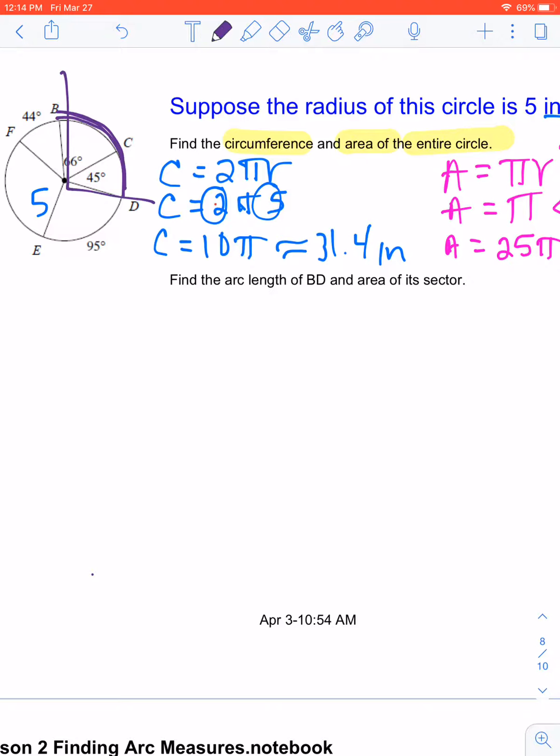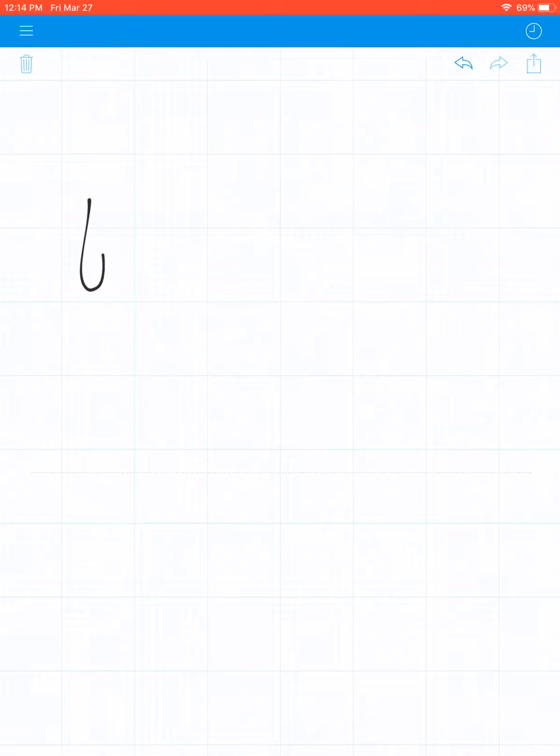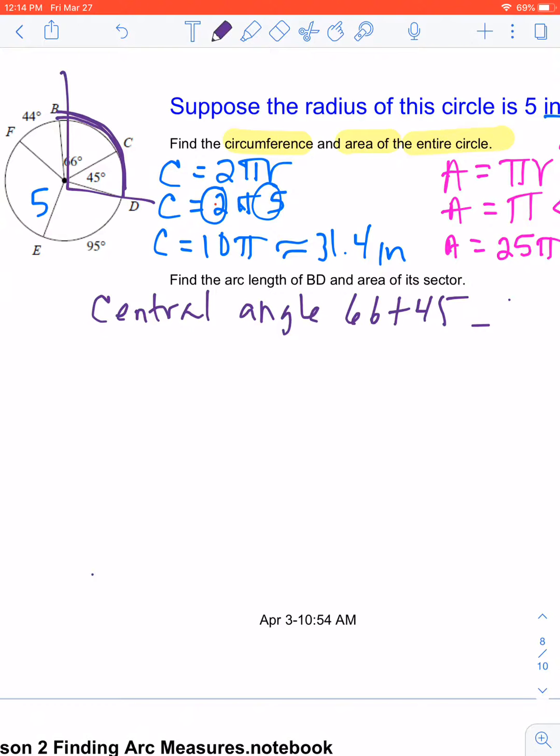We have to first compute the central angle. We can compute the central angle by using angle addition. 66 plus 45 gives us 111. So the total central angle is 111 degrees.